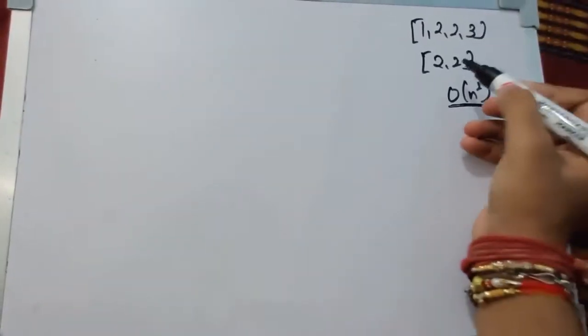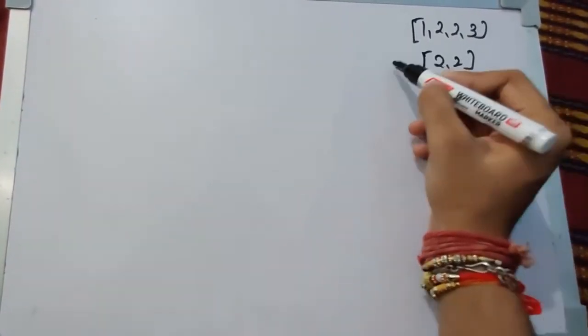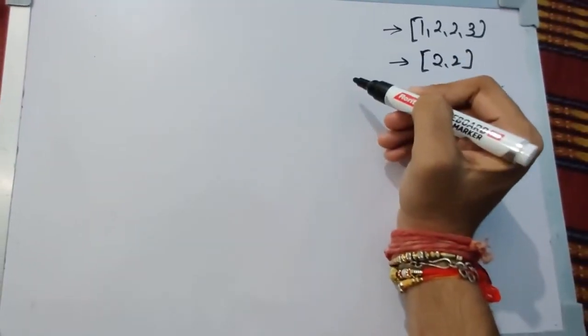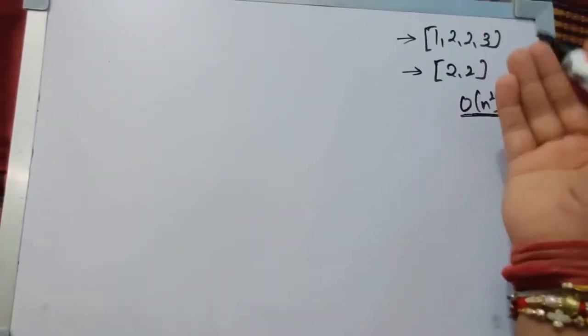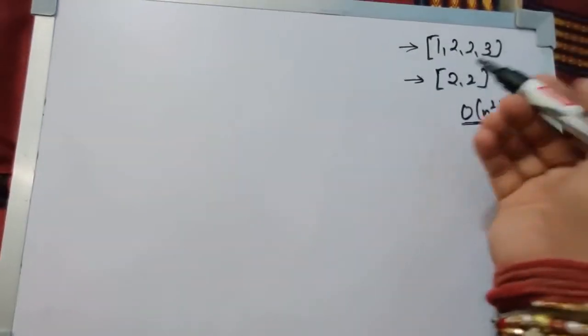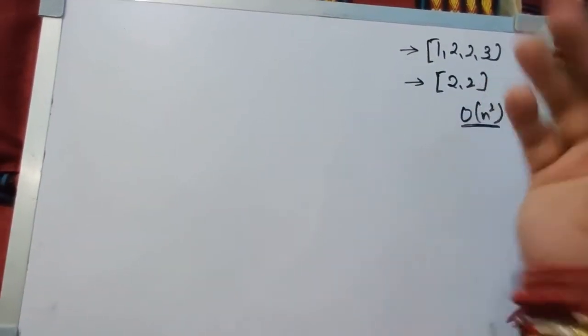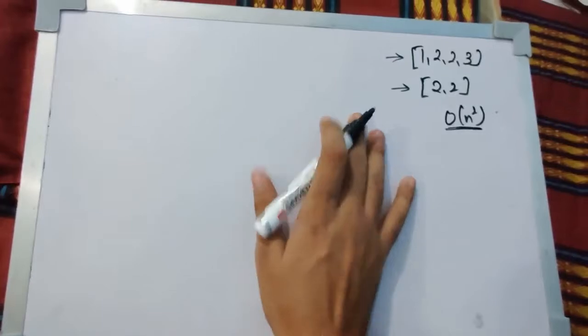First of all, what I performed is, I first check which array is smaller. Because it could be possible that both of them are the same in length, but it could also be possible that one of them is smaller in length. So if one is smaller in length, then we can optimize this. How?